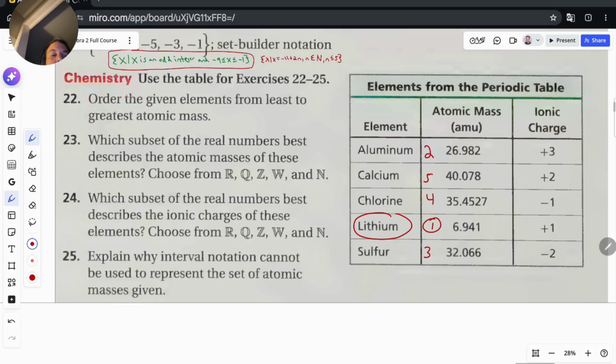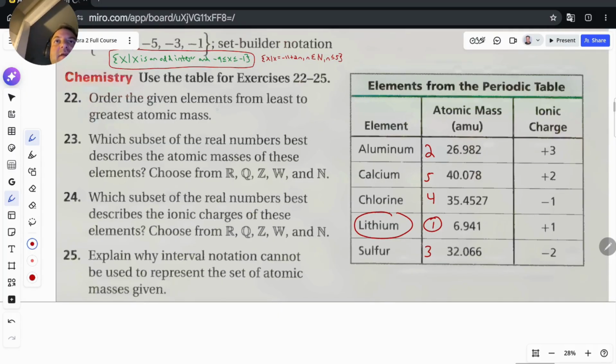All right, now that we have those in order, let's go ahead and write that out. We can write our answer in abbreviations here from the periodic table to save room here, but our answer will be first lithium, and then aluminum, then sulfur, then chlorine, and then lastly calcium.